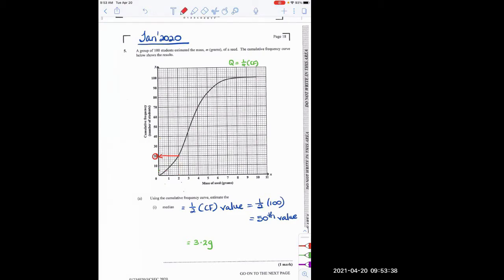Let's read off the value exactly at 2 and exactly at 4, and exactly at 6, exactly at 8, exactly at 10. So we want to get all those values.